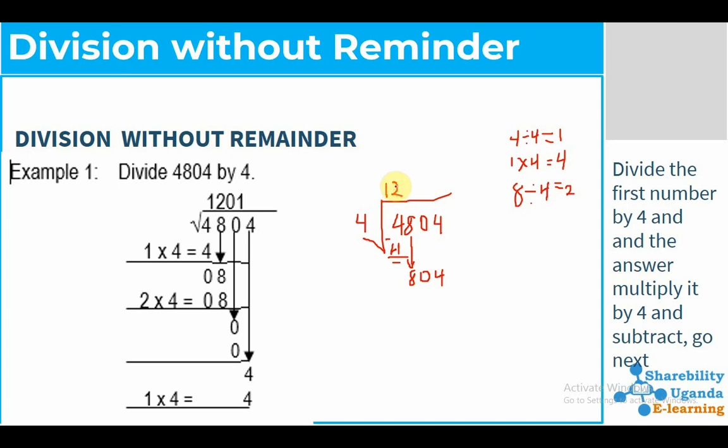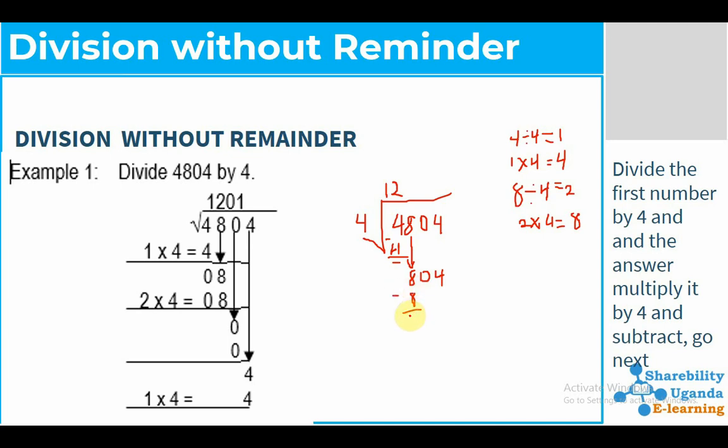And we say 2 times 4. The answer here will be our 8. So we do the same operation of subtracting these numbers.